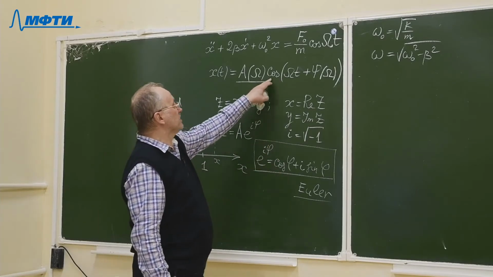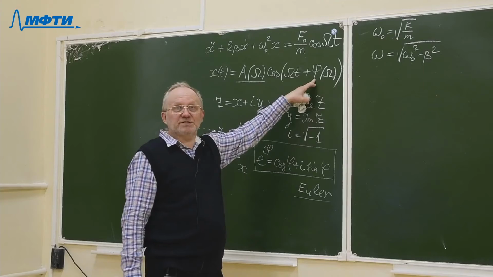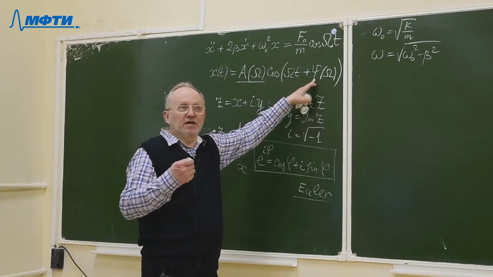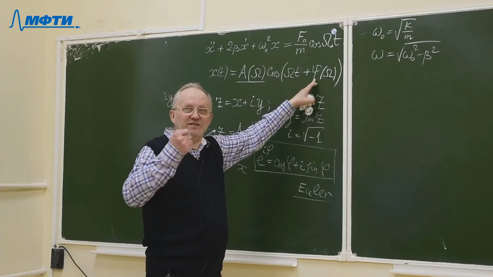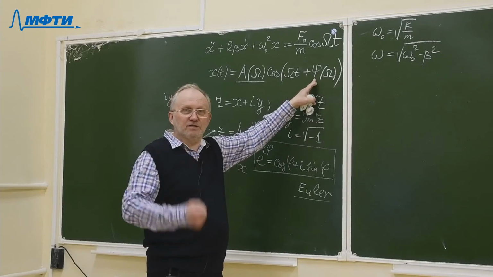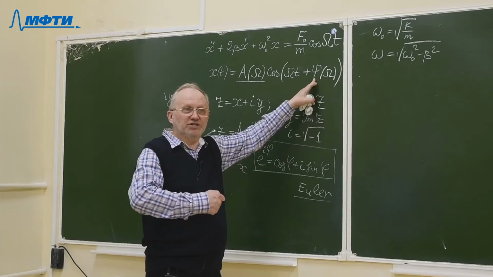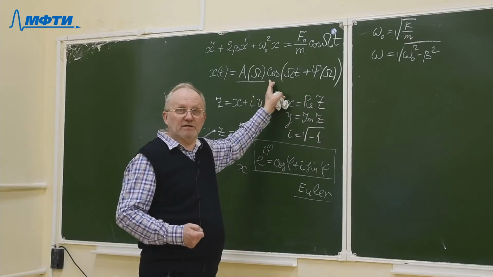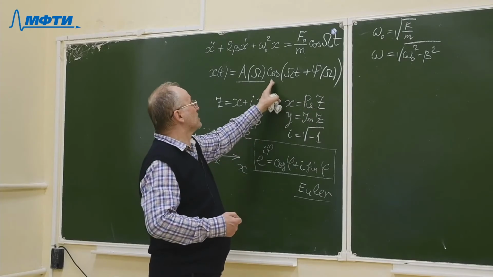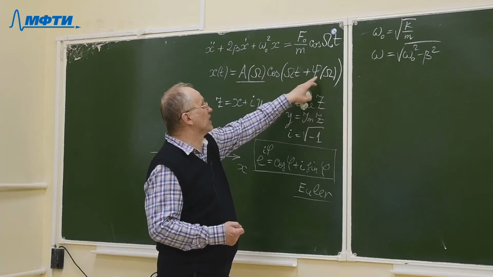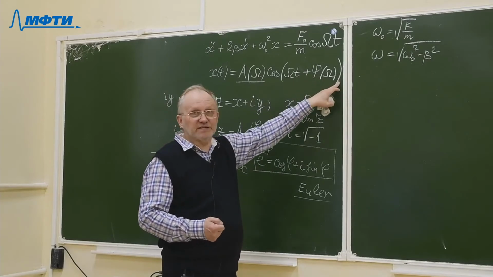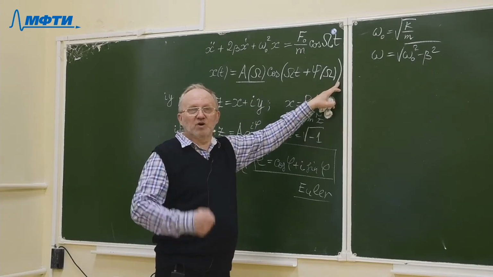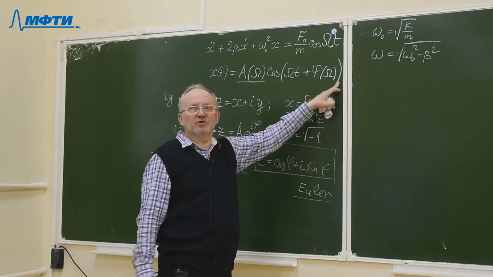And we understand that if we change the initial phase, what is the initial phase? It's just the moment of time when we start the clock. We may start the clock at any moment of time. If we shift this initial moment of time, then cosine will turn into sine, or cosine will turn into any harmonic function with an arbitrary additional phase depending on the initial moment of time, on the choice of initial moment of time.